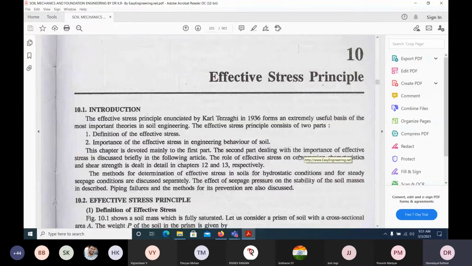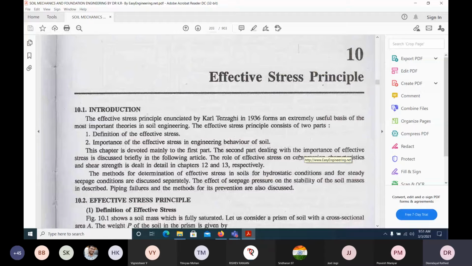Previously we have seen the classification of soils, which you might have studied for your CT1. So I hope it would be clear. Now start preparing from permeability and all. This particular topic, effective stress, is also very, very important.